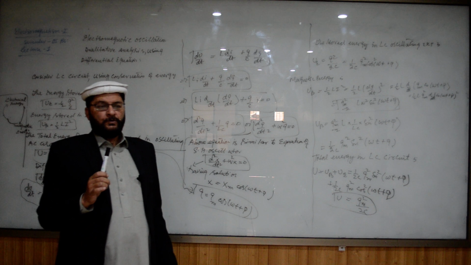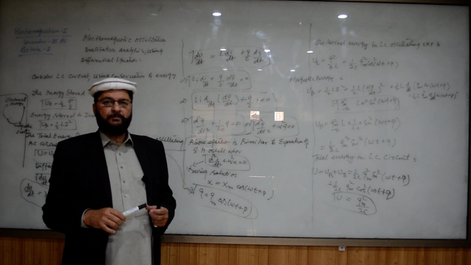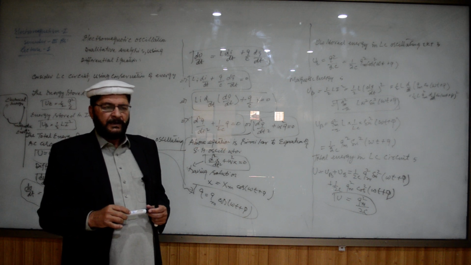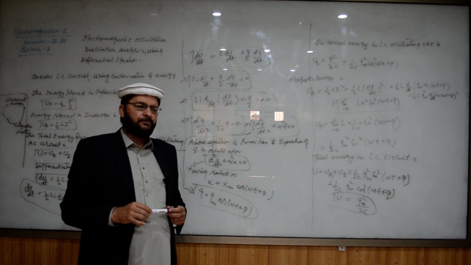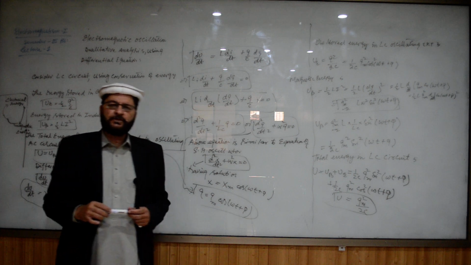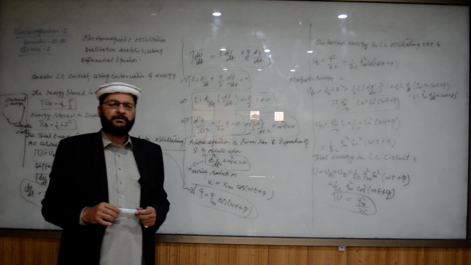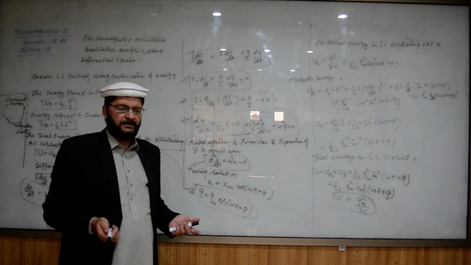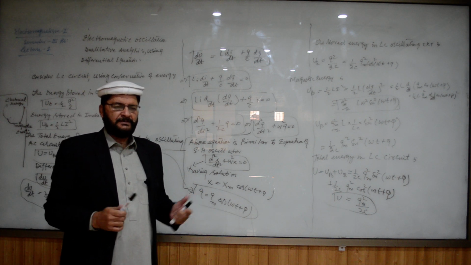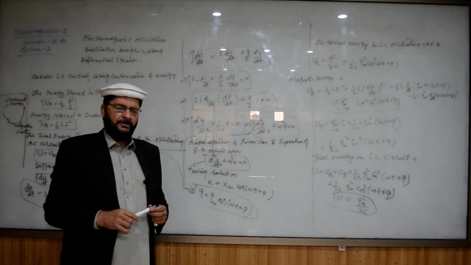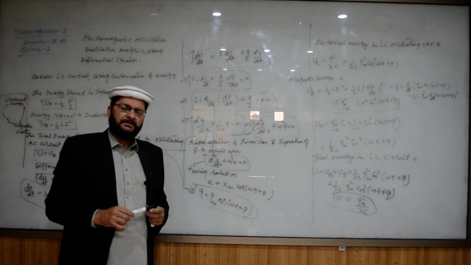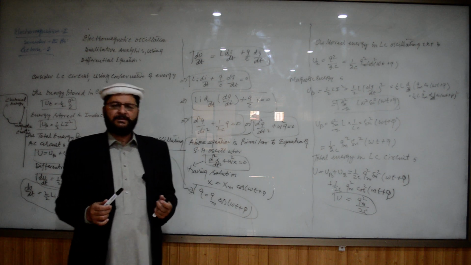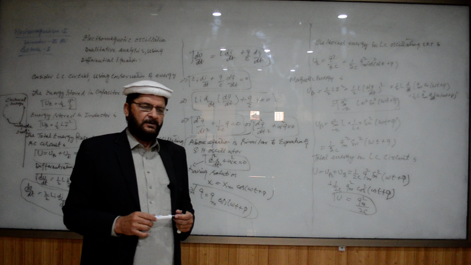Firstly, you saw that a capacitor was charged to its maximum value, that is QM, when the switch was open. Now, if the switch is closed, the charge from the capacitor will begin to flow, giving you an amount of current. That current in the inductor stores energy in the magnetic field, that is magnetic energy.